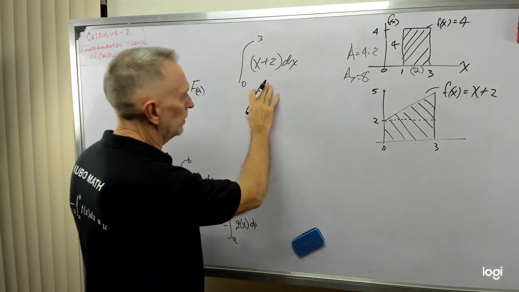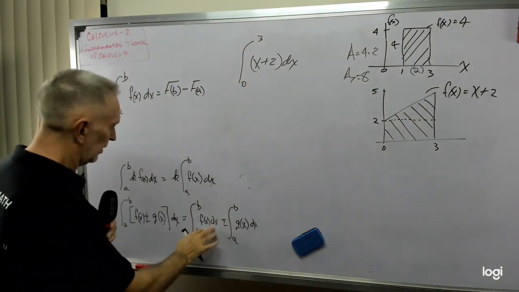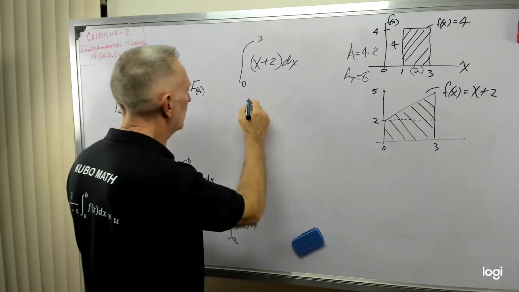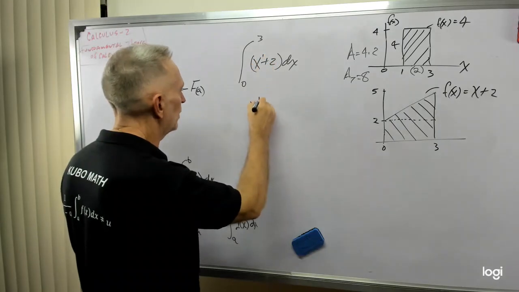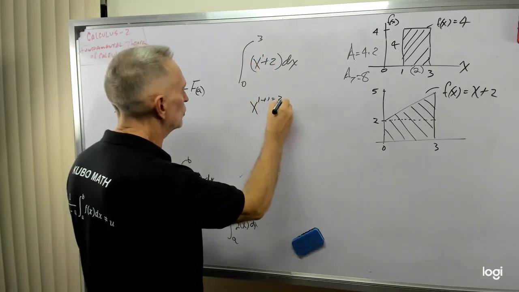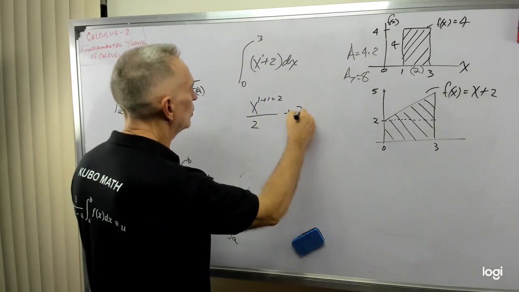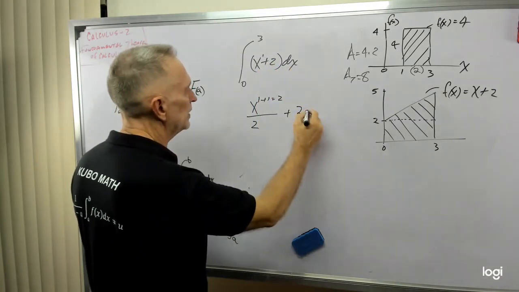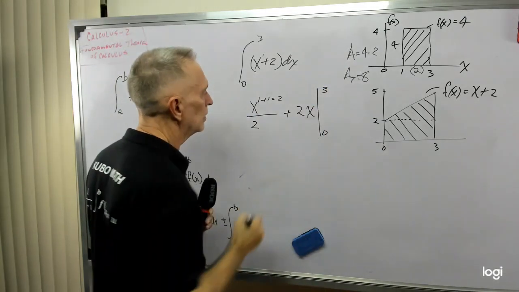Let's integrate this, x plus 2. We could break it out as we said, but for now let's just leave it together. So we would have x to the first power plus 1, which equals 2. We'll divide by that 2, plus 2 times the integral of dx, which is x, and we're looking at this from 0 to 3.